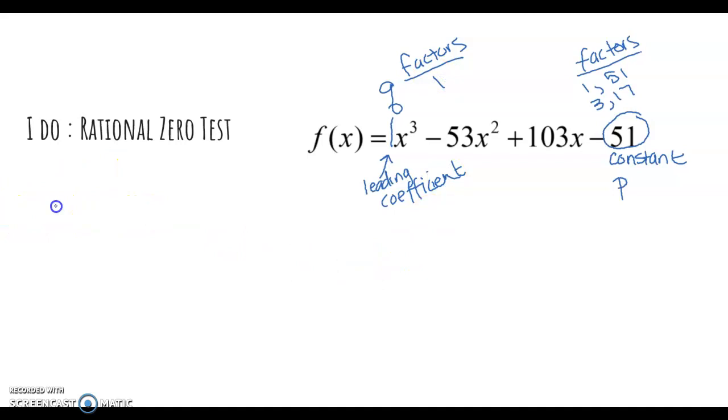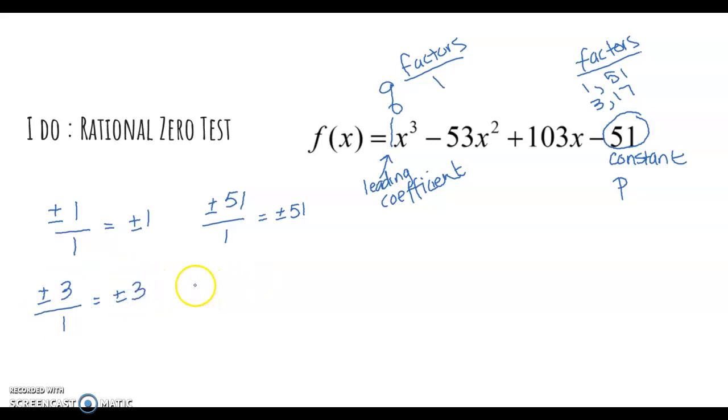So we get plus or minus 1 over 1, which just equals plus or minus 1, plus or minus 51 over 1, which equals plus or minus 51, plus or minus 3 over 1, which equals plus or minus 3, and plus or minus 17 over 1, which is plus or minus 17.